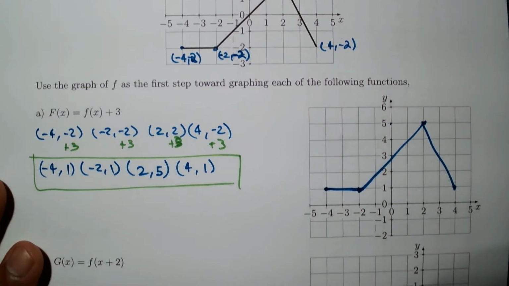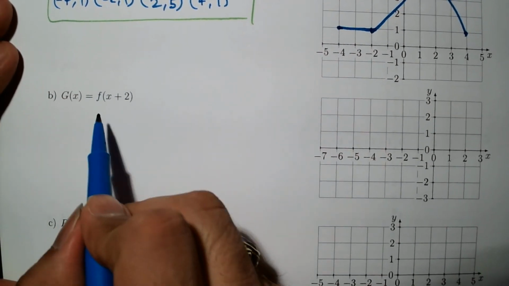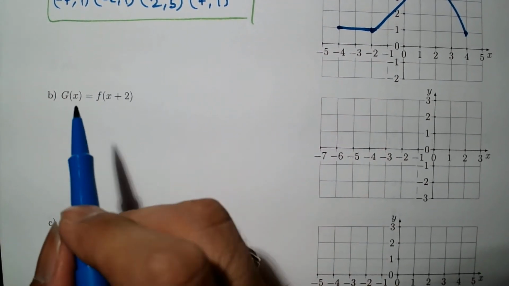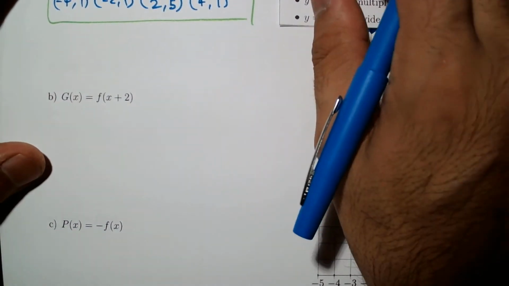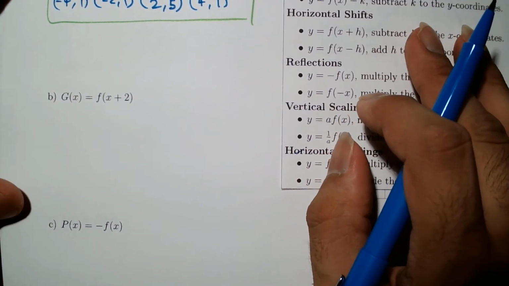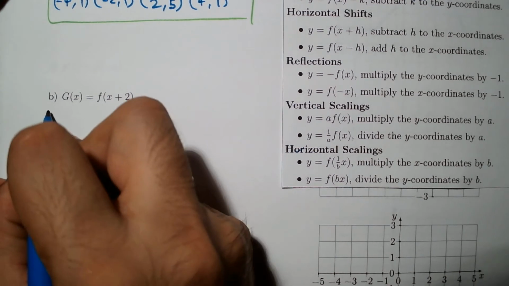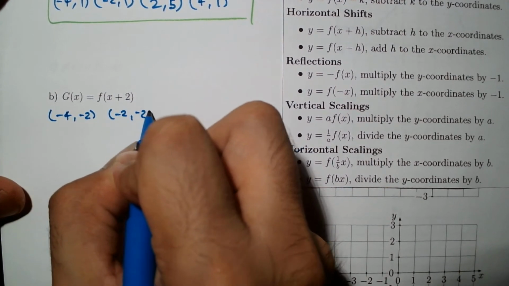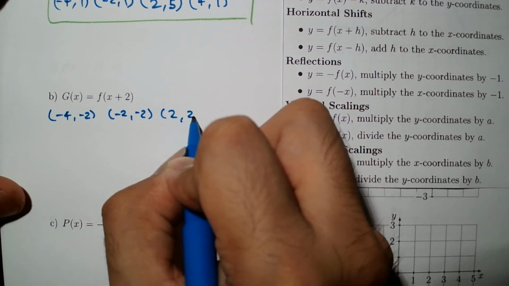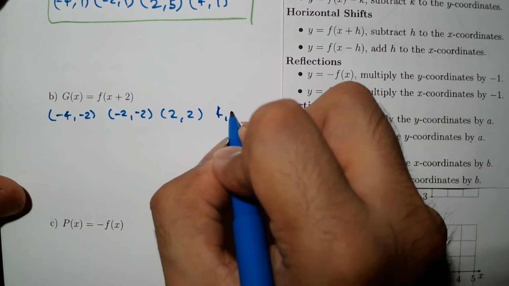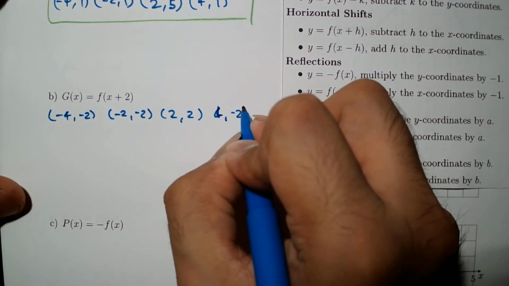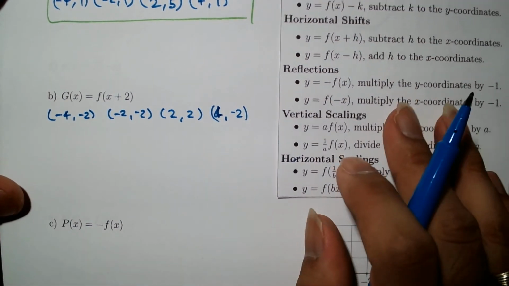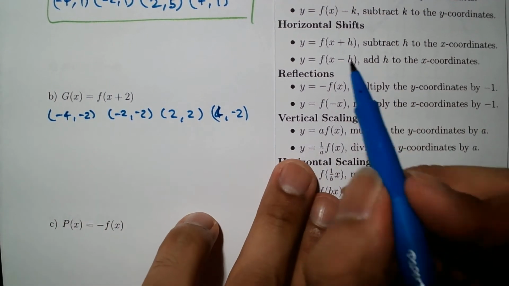Let's see what happens with big G of x, f of x plus 2. Let's refer to the shiftings, and I'm going to write down the points. So negative 4 comma negative 2, negative 2, negative 2, 2, 2, and 4, negative 2. So every single point, what are we going to do with x plus 2?